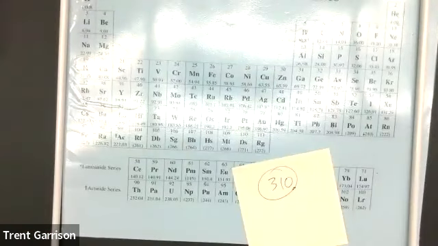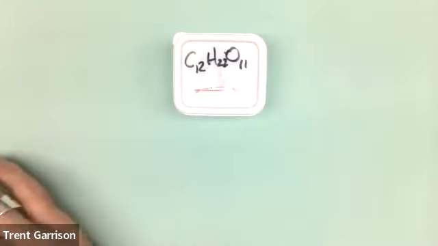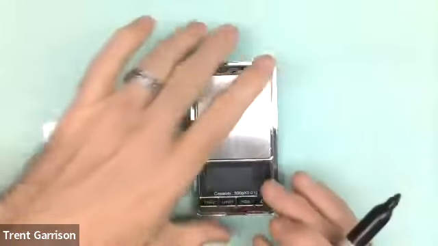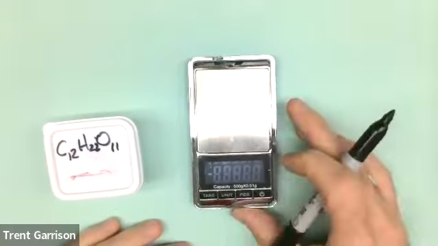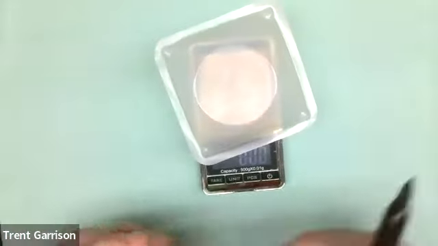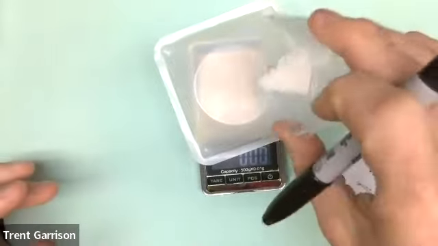Let's do one more example, and this time what we're going to do is sugar. Sugar is sucrose. So I'm going to do the exact same process I started with before. I'm going to take the mass of this material. I'm going to first get the weight of the container that's holding it.